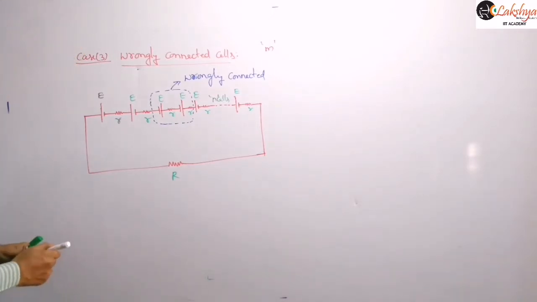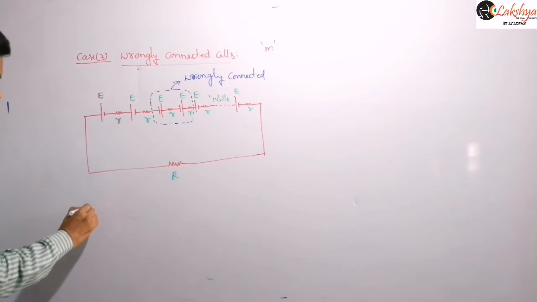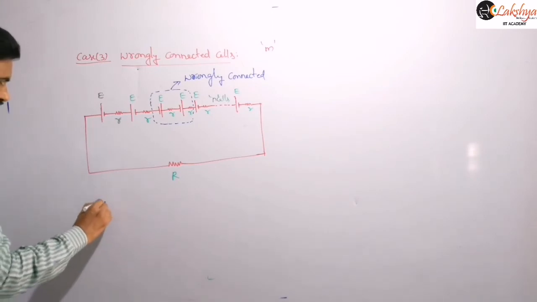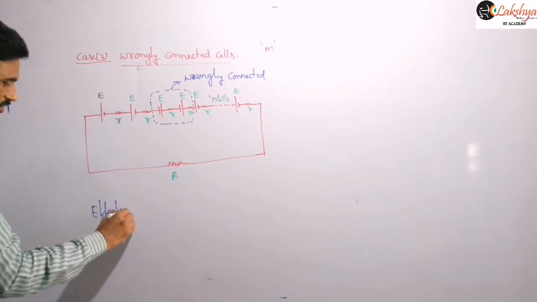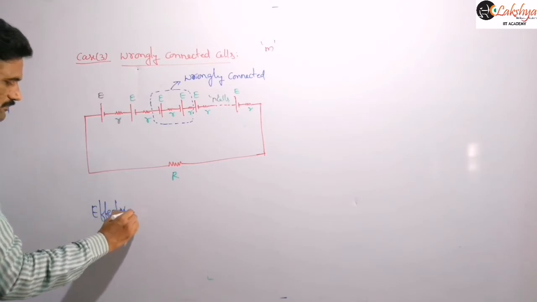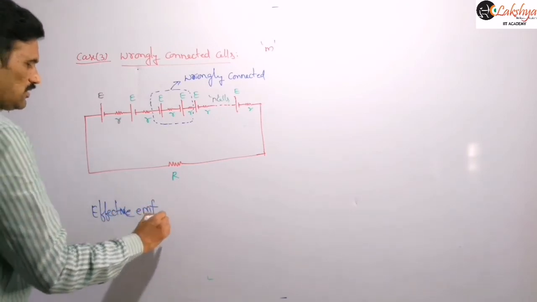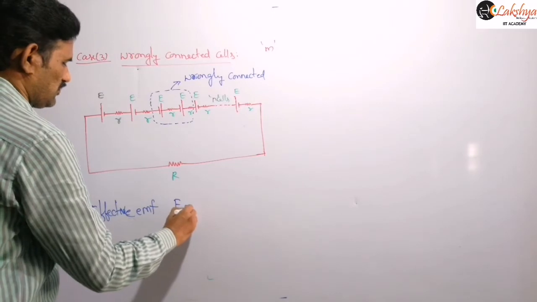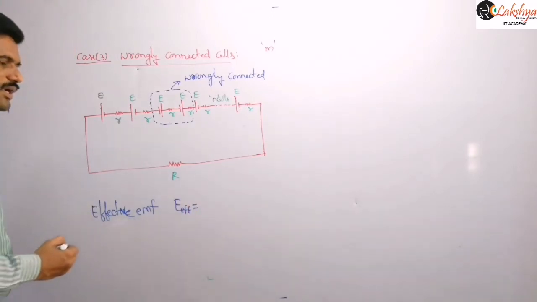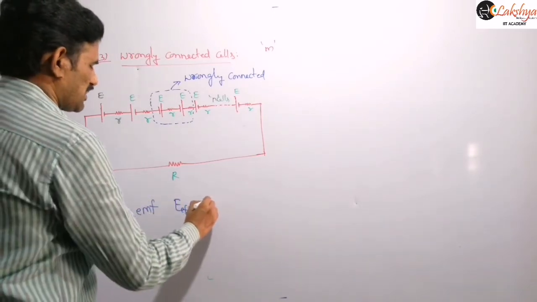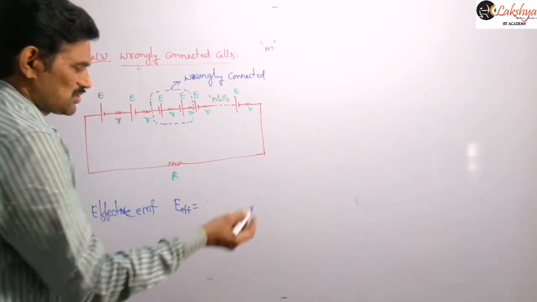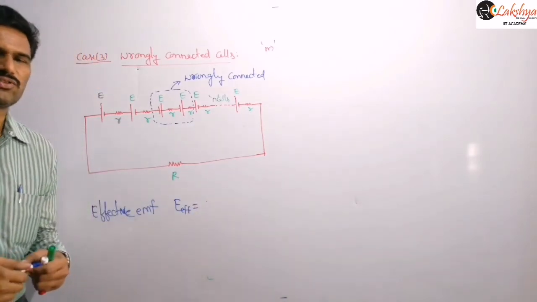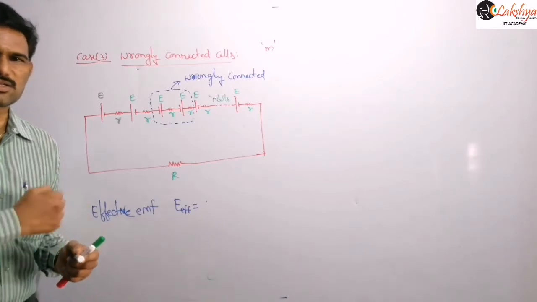Therefore, here I am writing the effective EMF directly. The effective EMF is equal to the EMF of the cells which are correctly connected minus the EMF of the wrongly connected cells, because the EMF of the wrongly connected cells will be in the opposite direction.